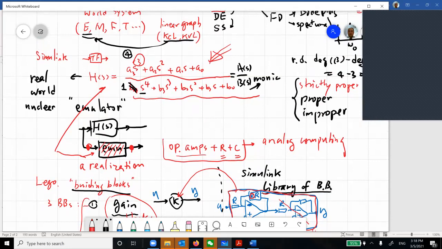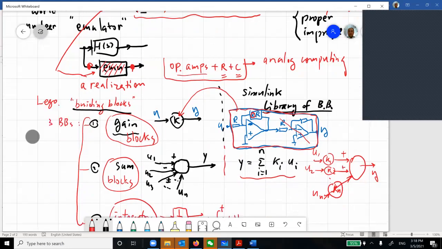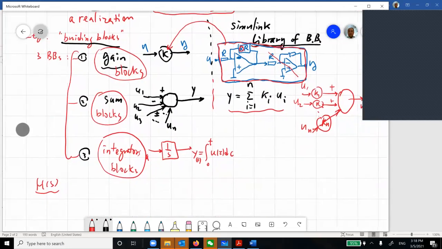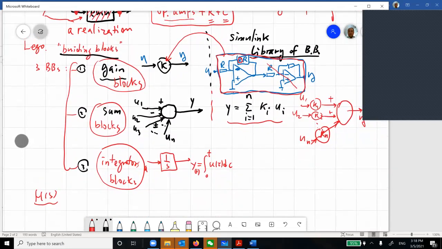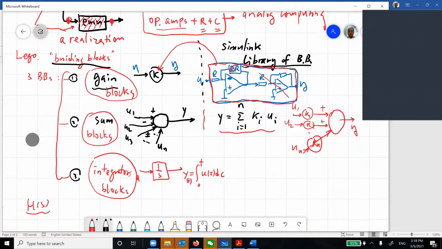So let's continue here. Again, we have 3 building block types, but in each type, you have an unlimited number of blocks you can use. Don't save blocks. We don't want you to save blocks. We want you to realize it as quickly as you could.